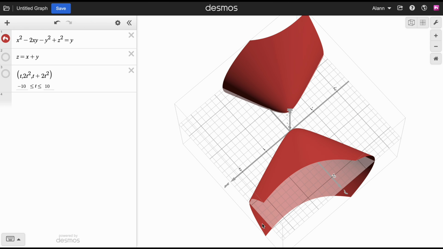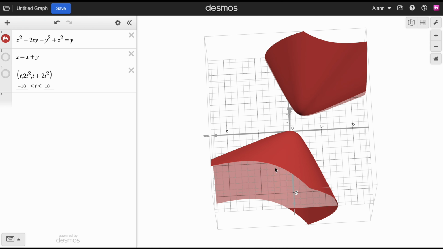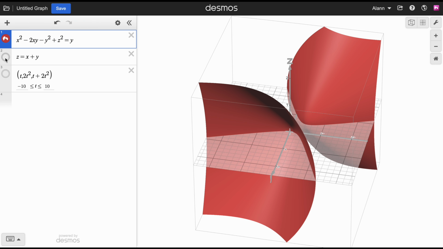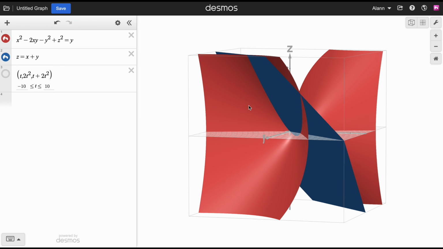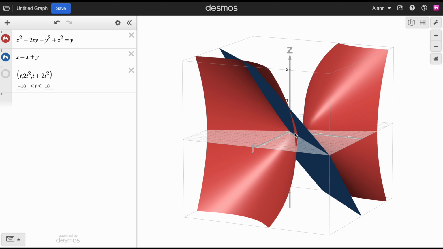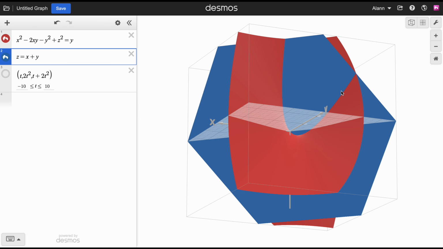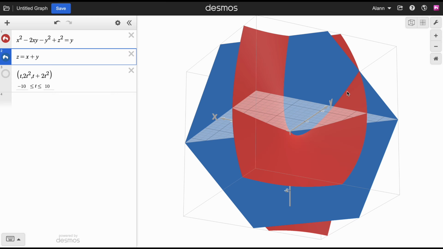It seems to be opening at a diagonal, maybe, roughly in this direction. And then if we plot the plane z equals x plus y, we can see what the curve of intersection is. It's just this boundary right here. And just looking at it, we might guess that it looks like a parabola of sorts.